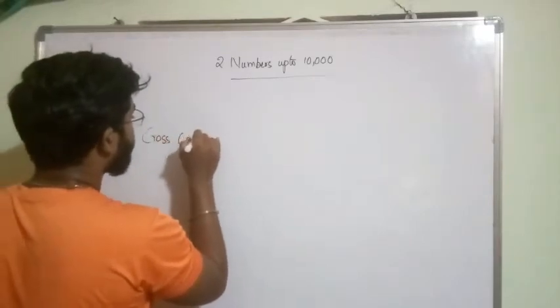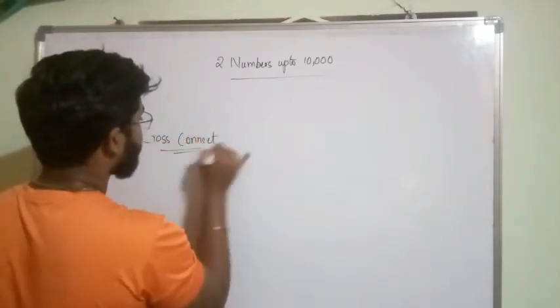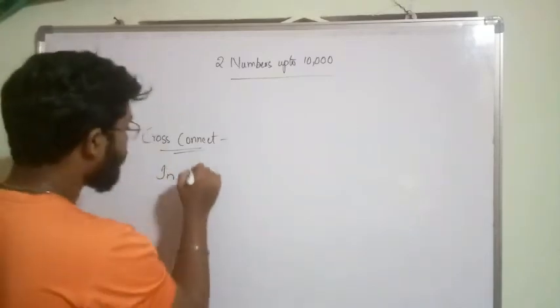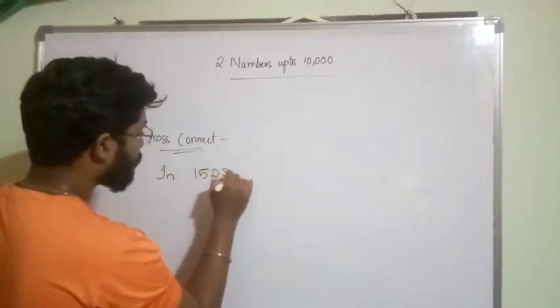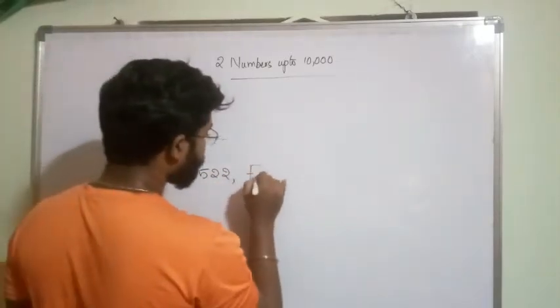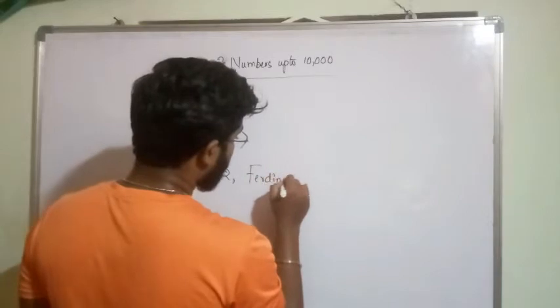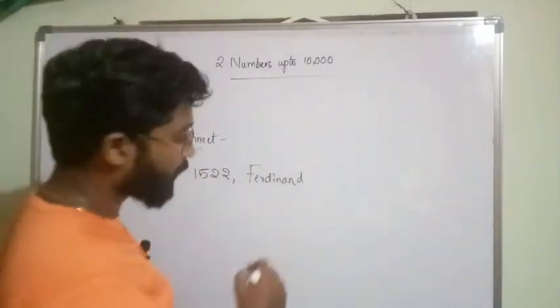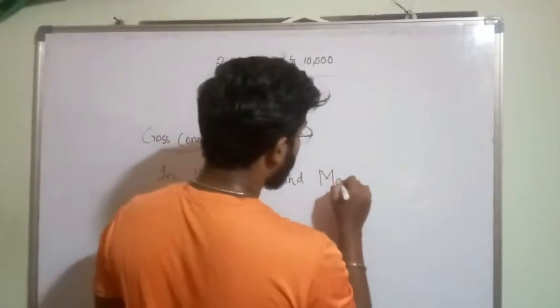Okay, Ferdinand Magellan. He is a person who proved that the Earth is round in shape.